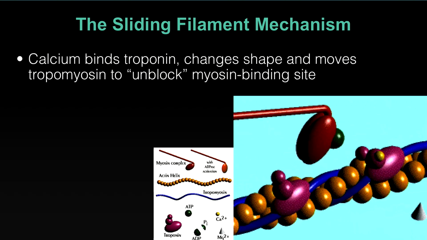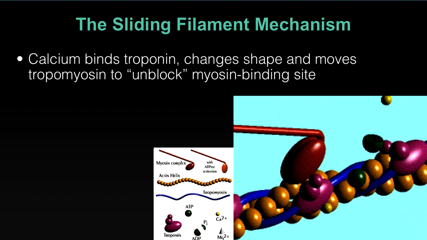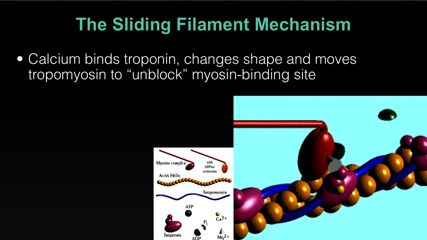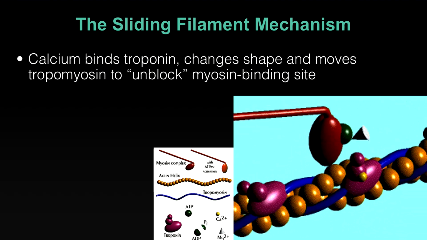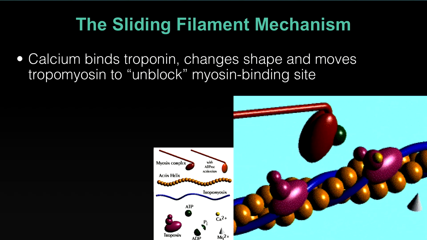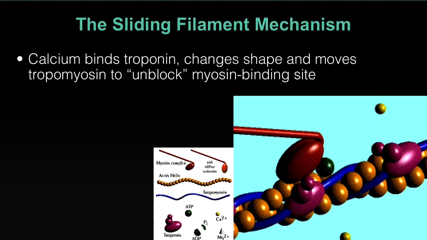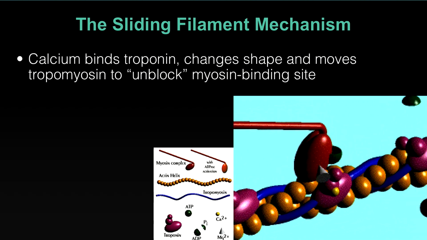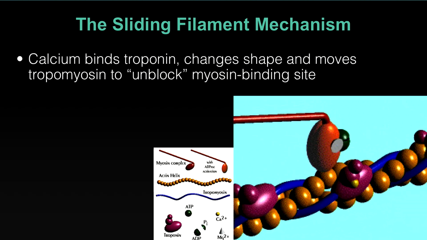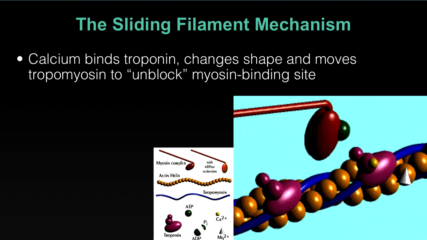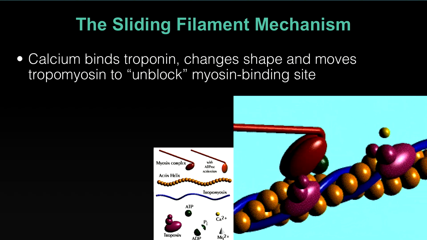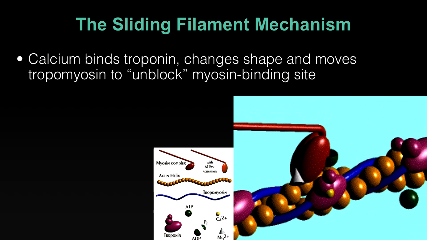That's the tangible end result of depolarizing the muscle, and the release of calcium from the sarcoplasmic reticulum. Last step in depolarization, first step in contraction. You could call that the link between excitation and contraction coupling.